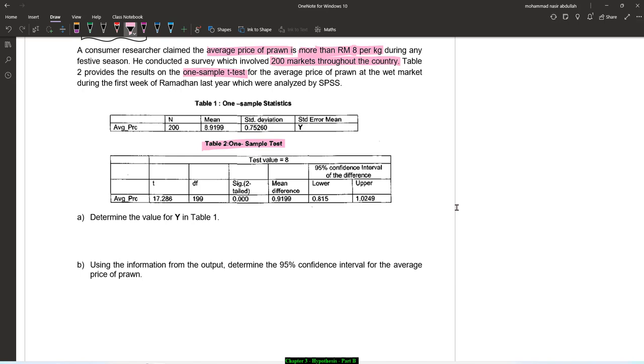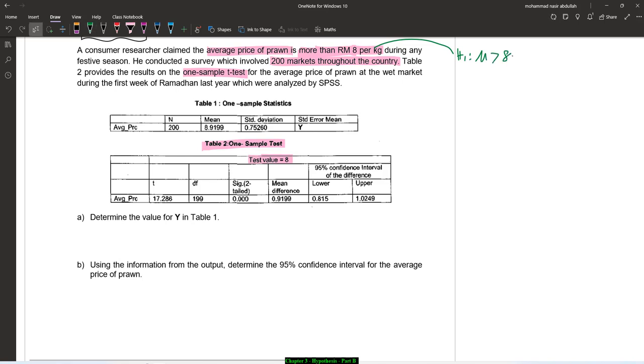So here, we can see the test value is equal to 8, right? So it means the claim, the claim is always going to be the alternative hypothesis, mu is more than 8, right?